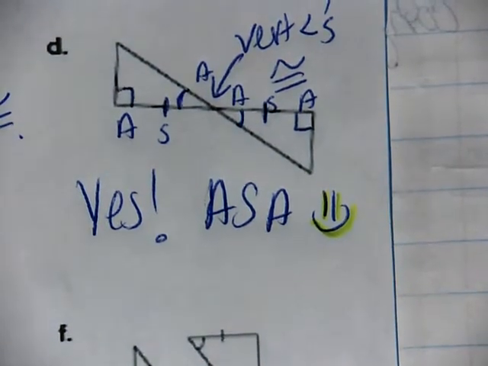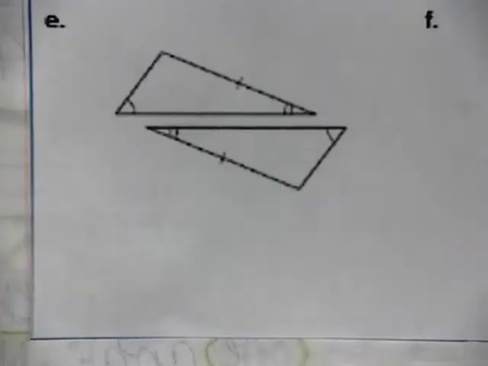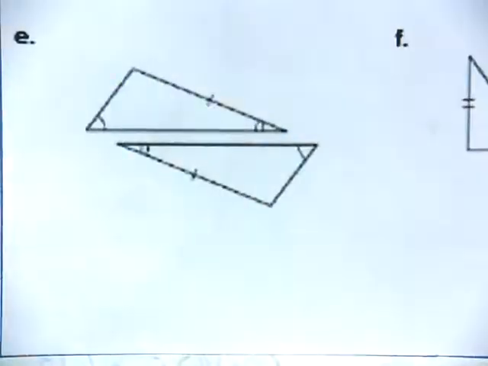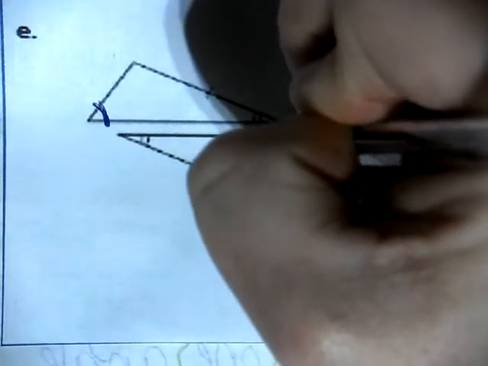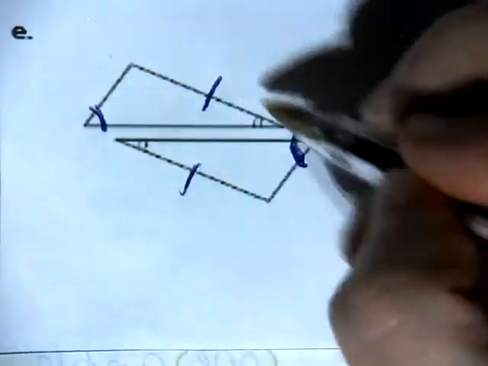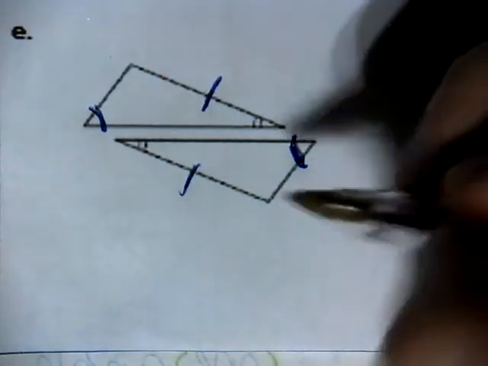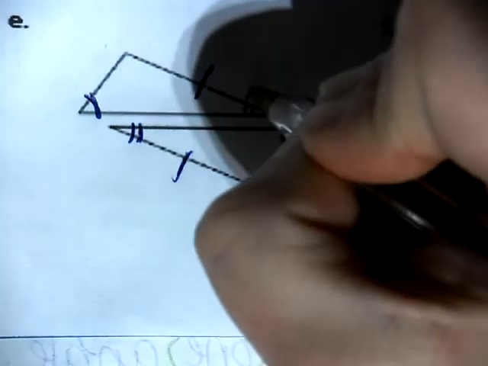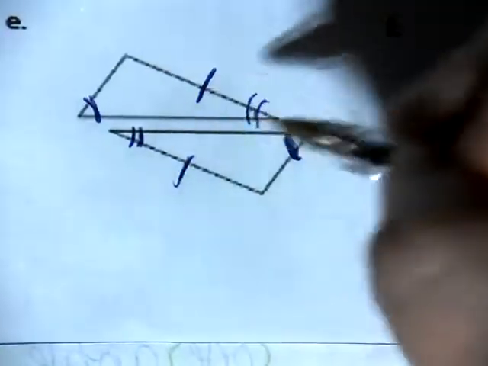So now let's go ahead and look at letter E. Oh, these triangles are not touching each other, so I really have to pay attention to what's going on here. I have one arc mark, I have one arc mark, that's an angle. I see a side, and it doesn't touch my angle with the one arc mark, but let's make sure that they're corresponding. I see that I have two arc marks right here and the side that it's touching, and I see two arc marks right here and the side that it's touching.